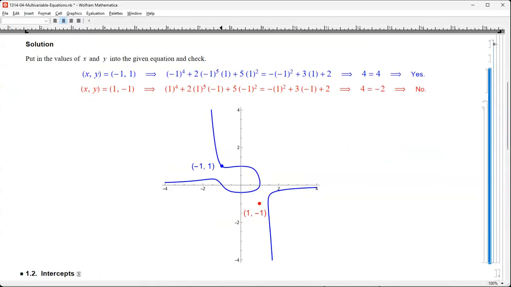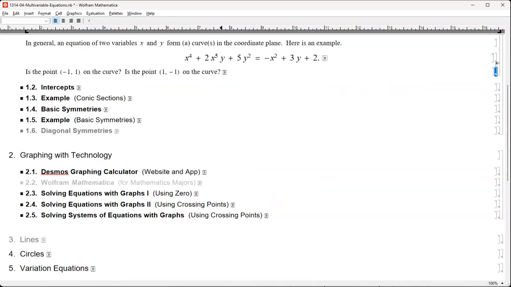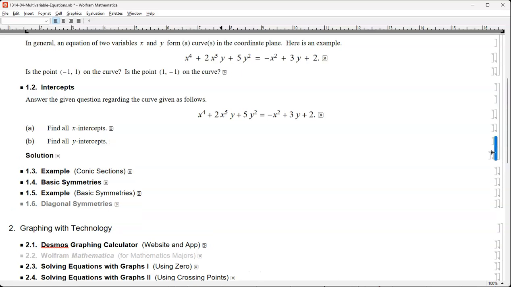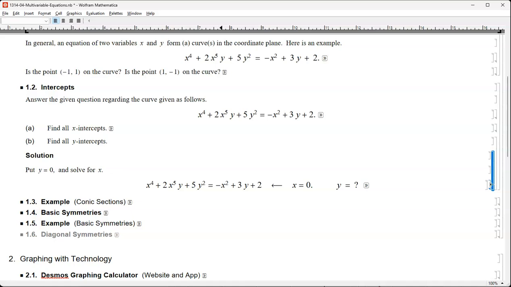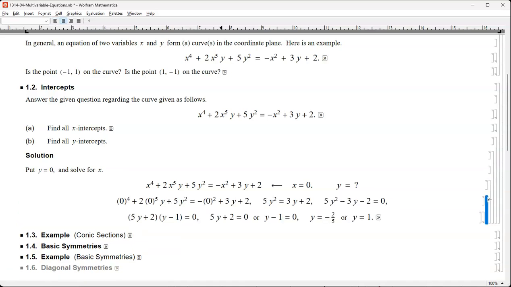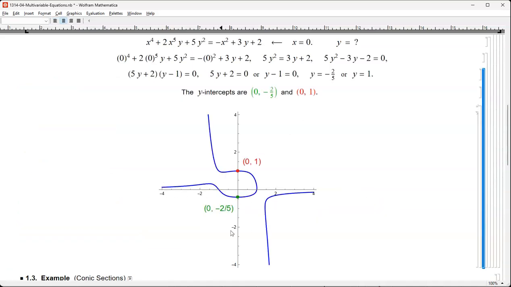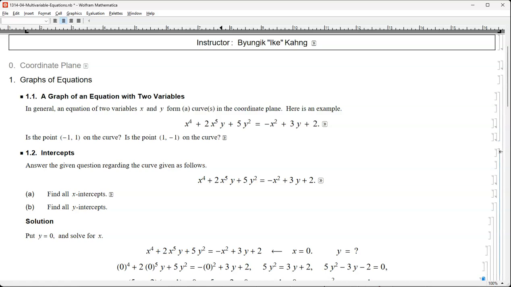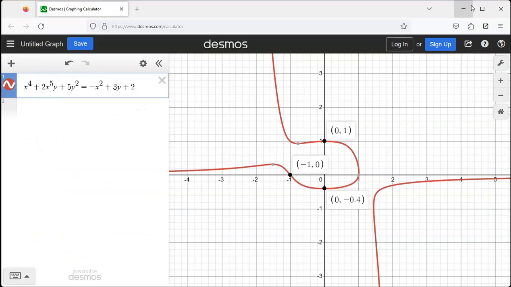Previously here in section 2, I used negative 2/5, I think. I think I used this expression, negative 2/5, instead of the decimal expression. Yeah, negative 2/5. That's the same as negative 0.4.